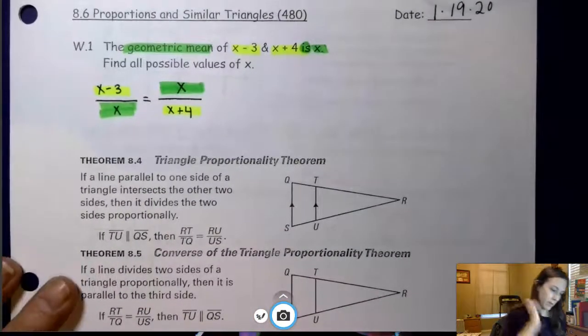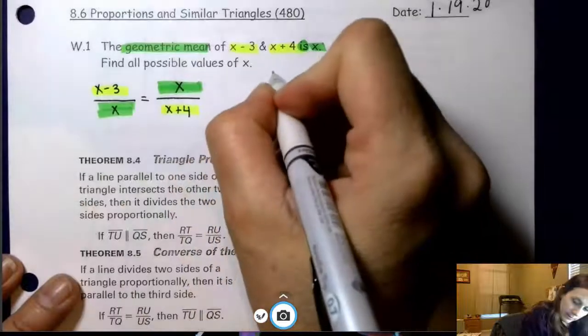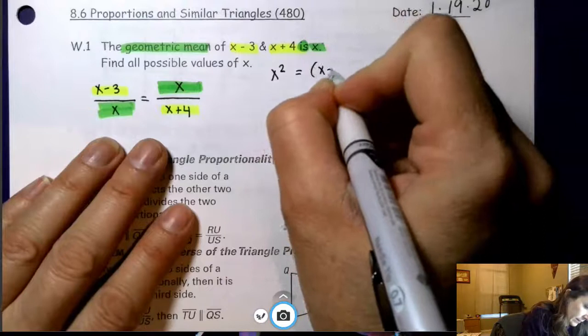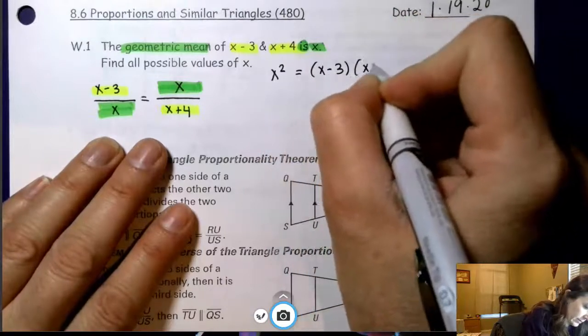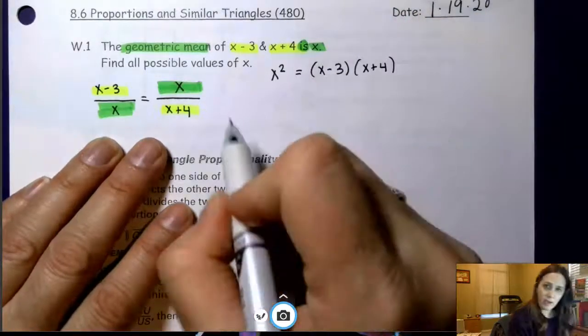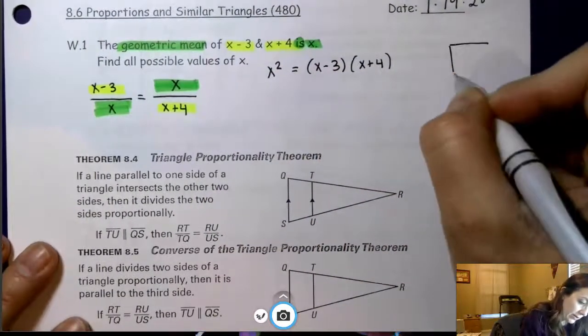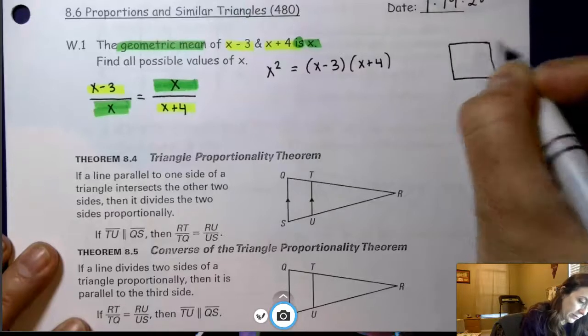correctly. Here we're going to cross multiply, end up with x squared equals, I have x minus 3 times x plus 4. You can FOIL, distribute, however you want to multiply those. Again, you can set up a box if you like. How many of you have done this before?